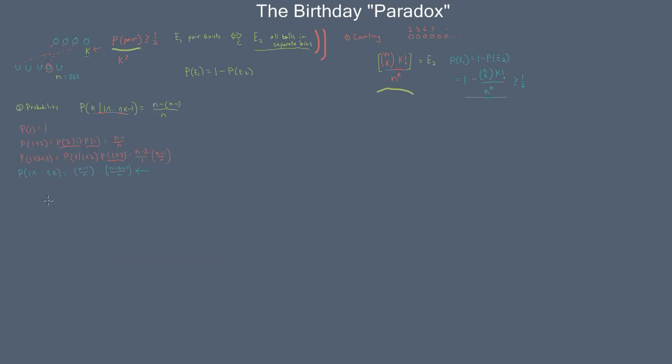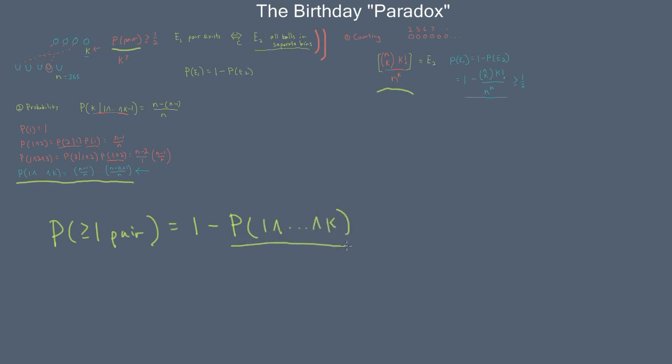For the last segment in this video, we're going to bound this expression because remember, again, the probability that at least one pair exists, which is the probability we are interested in, is equal to 1 minus the probability that all balls are distinct.